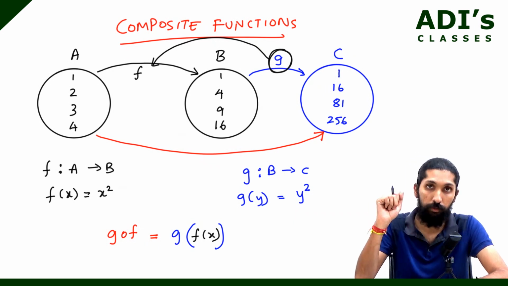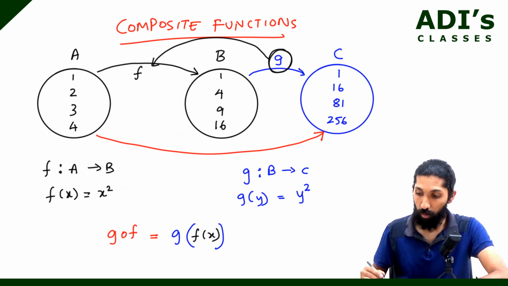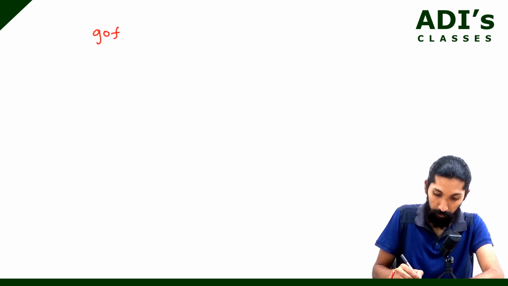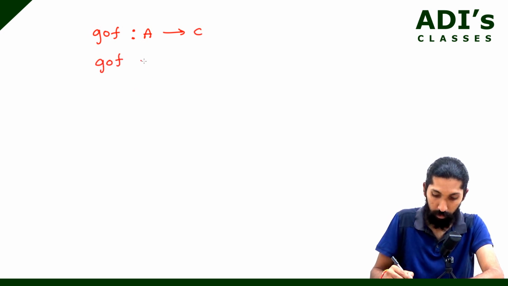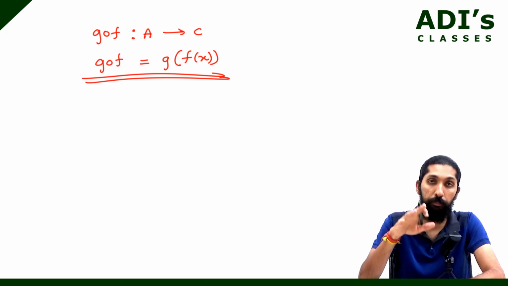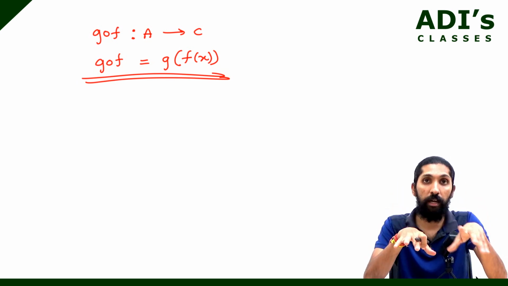And we are defining it from A to C. So we write the composite function like this: g o f from A to C. So g o f is equal to g of f of x. This is the composite function. So f is inside, g is outside.